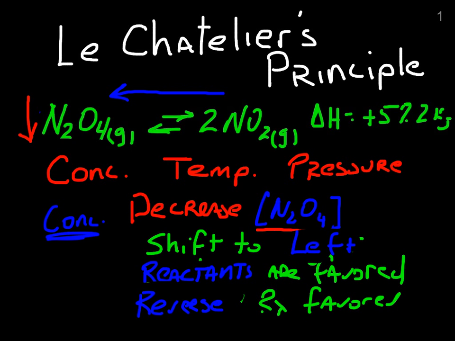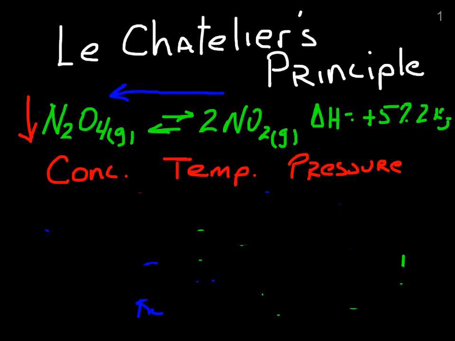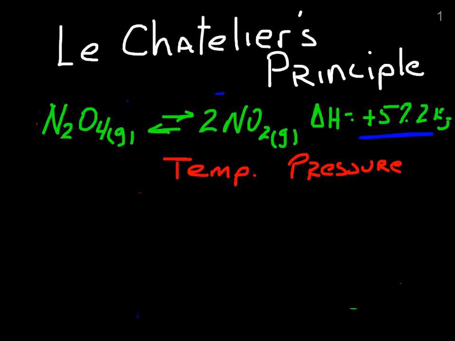Okay? So let's get rid of that. Let's talk about temperature. Remove all that stuff. So we just got rid of concentration. Get rid of these guys too. So in terms of temperature, since I have a delta H of a positive 57.2, that's an endothermic reaction, endothermic as read from left to right.